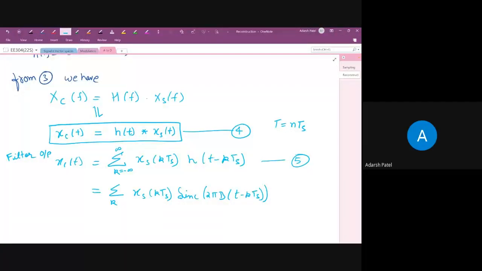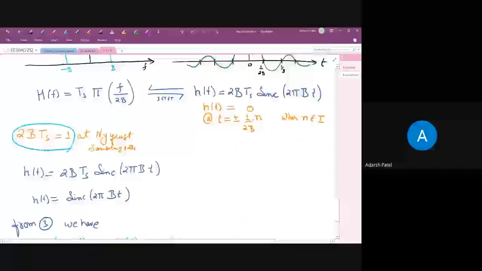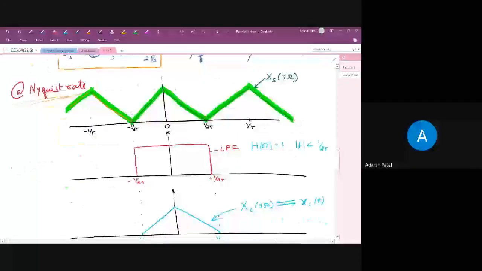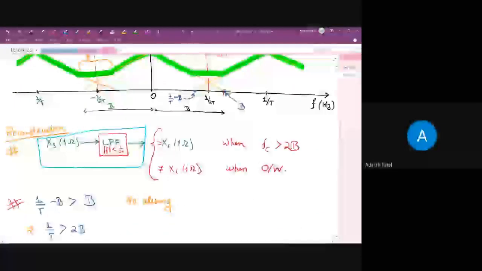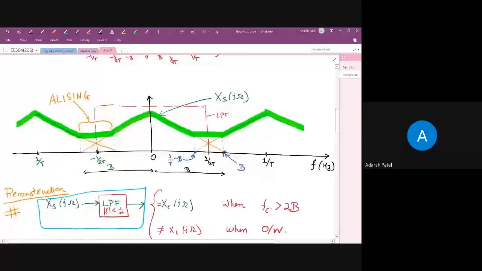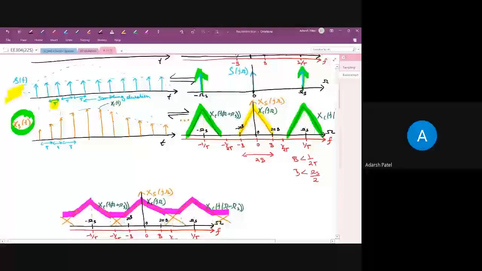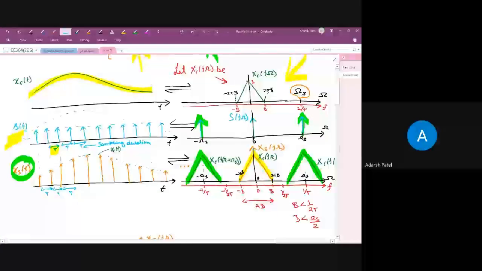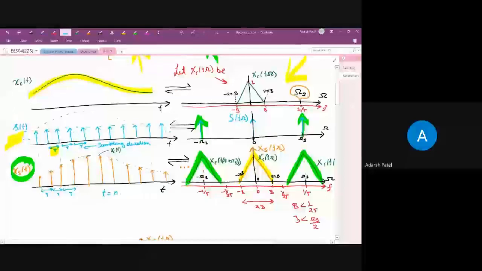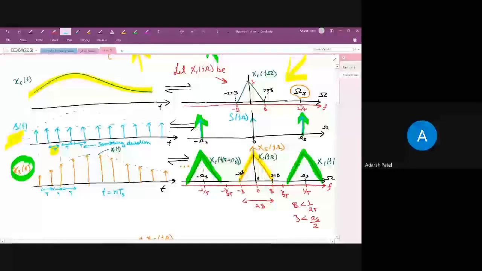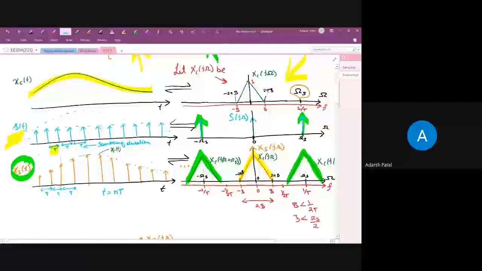If I see this sampled signal x_s(t), it will have non-zero values only at t equal to nT_s, where T_s is equal to T. It will have non-zero value only at t equal to nT, otherwise it will have zero values.